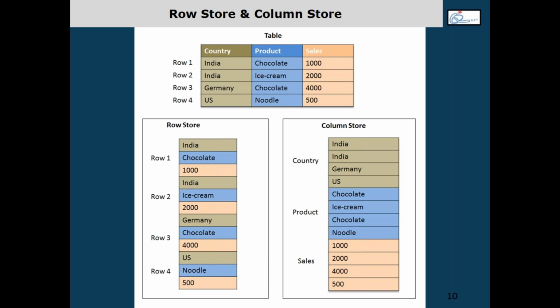Any database you refer to, if you have to store data physically, persistently, you have to use a structure called a table. So a table looks something like this for you. Let's say you see a table with country, product, and sales. I've got countries like India, Germany, US, and some products, chocolate ice cream, chocolate noodles, and some sales. This is my table.